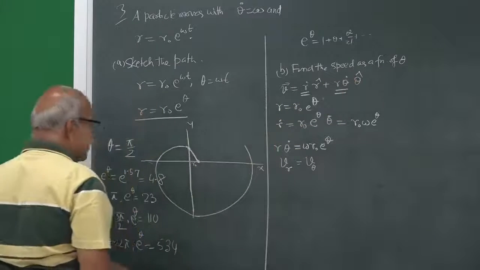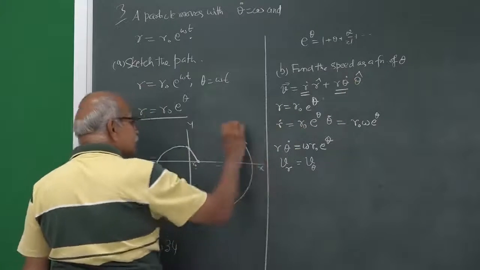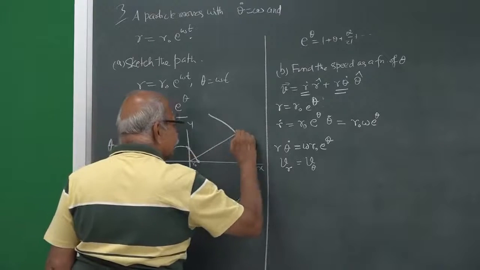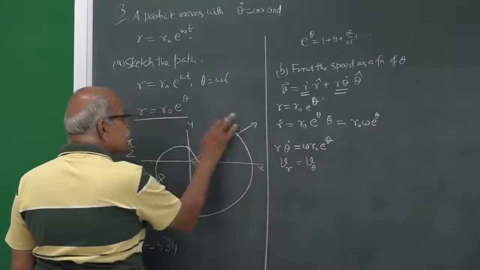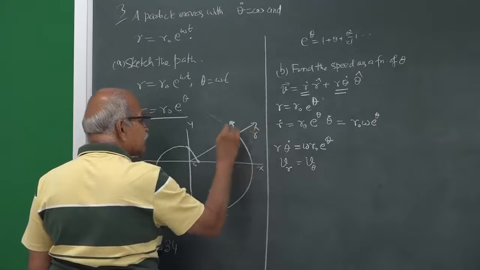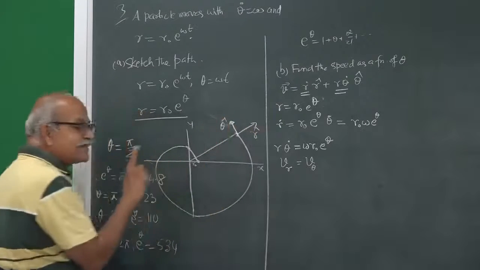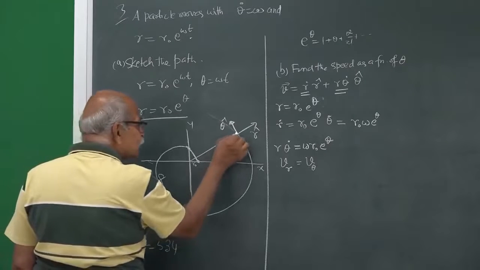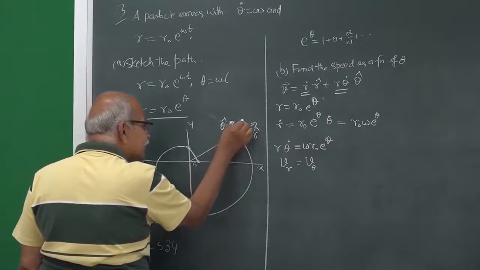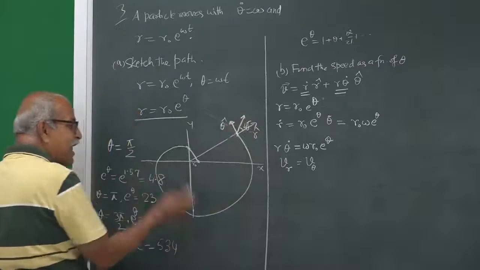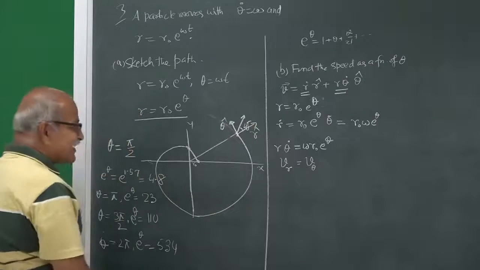So, if I am somewhere here on this path, and if this is the r cap direction and the perpendicular to it is theta cap direction, now velocity has equal components in the two directions, and therefore, the velocity should be in this direction, 45 degree to it. Our diagram is bad, very bad.